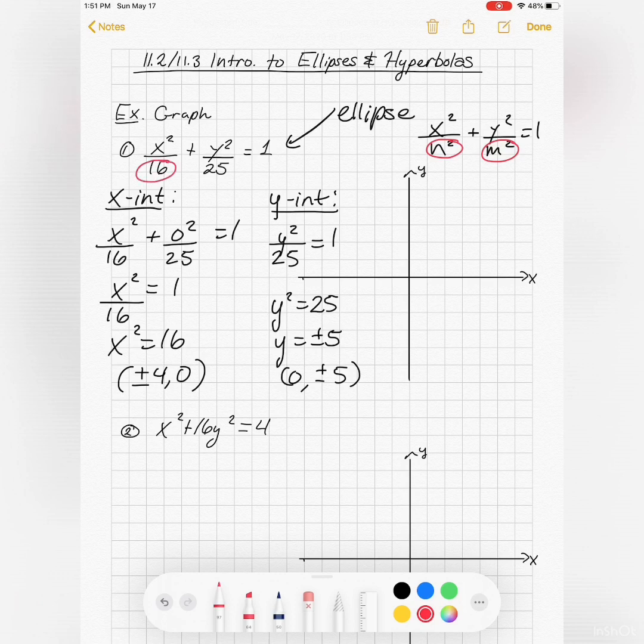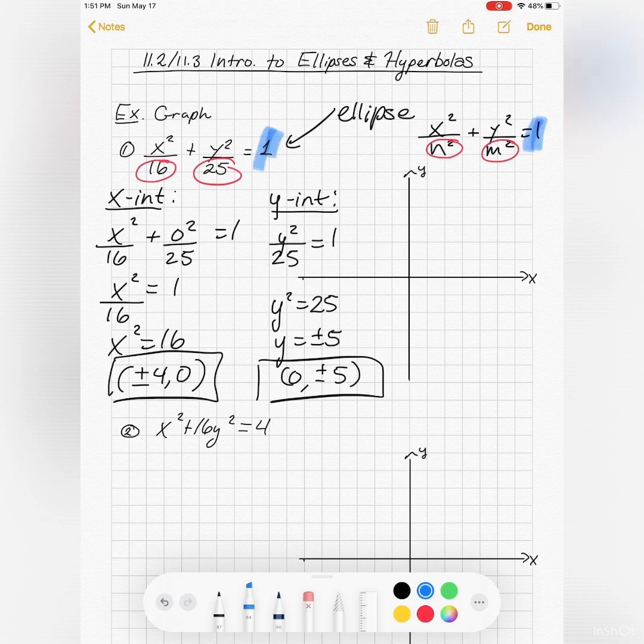Like here I can tell you the x-intercepts are plus minus 4, the y-intercepts are plus minus 5. But in order to be able to read off that information, I have to have a couple things. I have to have one side equal to 1 here, and then I have to have numbers just underneath the x squared and y squared, not say in front.